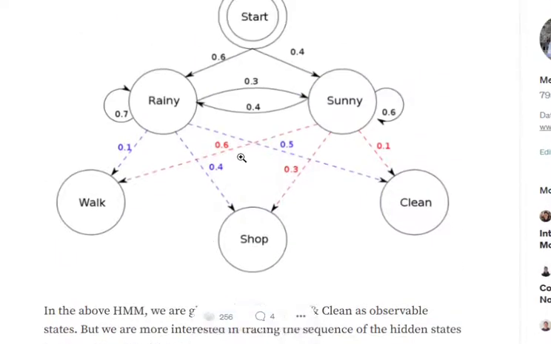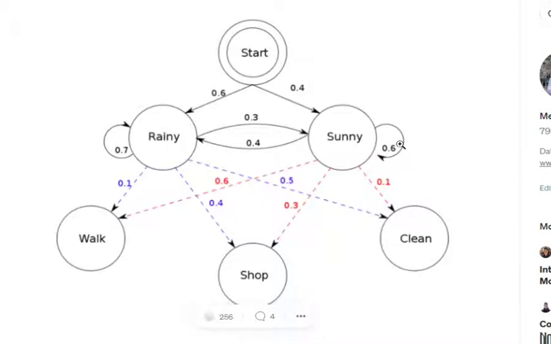So let's understand this particular hidden Markov model. The solid lines represent the transition probability, which basically means the probability of moving from state 1 to state 2. If we are standing at rainy, we have a 0.7 probability of staying rainy the next day also.